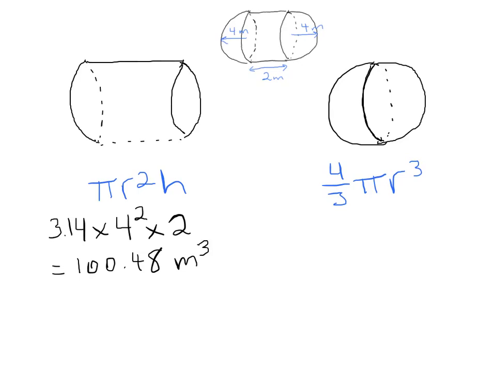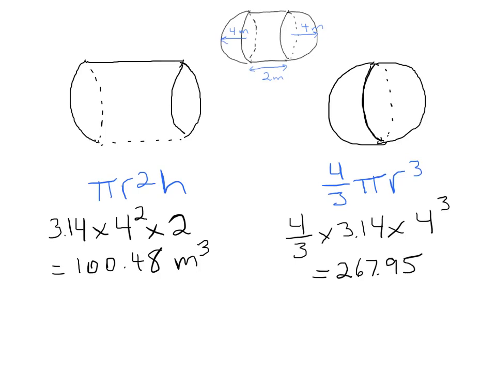And the volume of the sphere, 4/3 times 3.14 times the radius cubed, gives us a volume of 267.95 cubic meters.